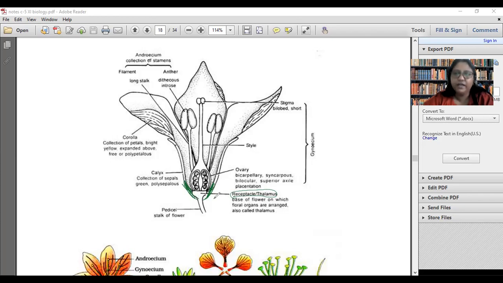If leaf do not have petiole, what type of leaf it is called? Sessile. Sessile. So similarly, the stalk of the flower is known as pedicel, and the flower in which stalk is present, we call it pedicellate flower. Okay. If it is absent and flower is directly in touch with the stem, we call it sessile flower.